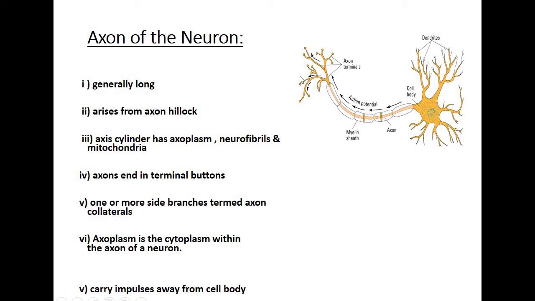And you can see here from the axon at the termination there are certain collaterals which arise. The axoplasm is the cytoplasm which is present within the axon, and the function of this process is to conduct the impulse or the action potential away from the cell body.